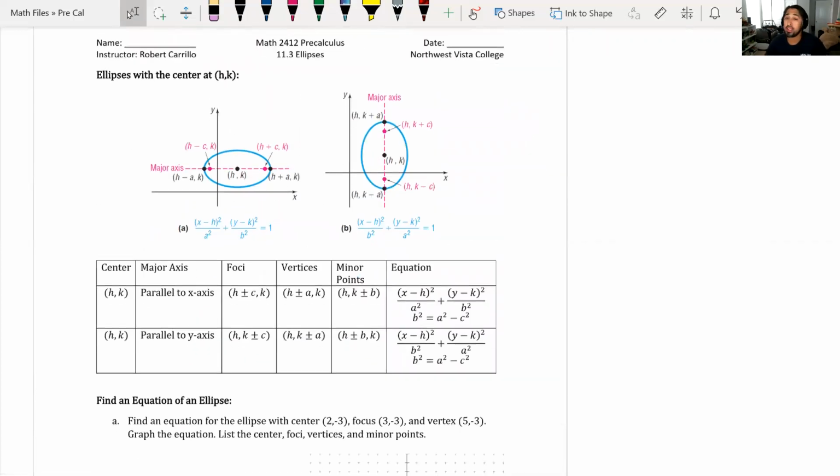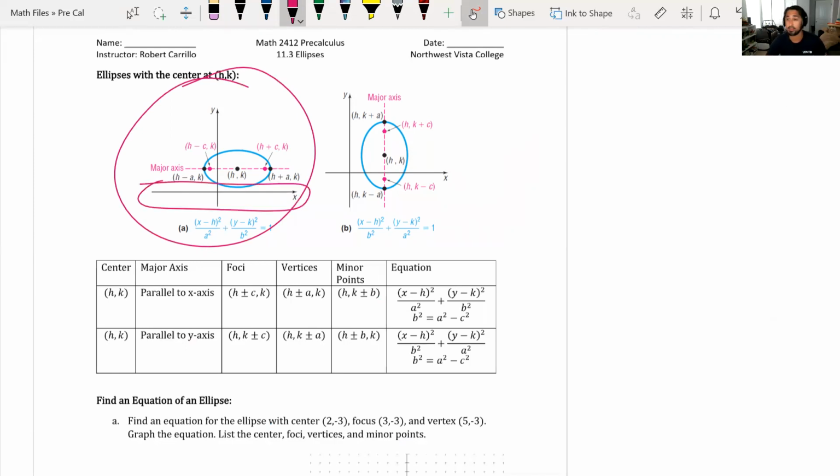And now we get into ellipses with the center being anywhere. So the center could be any point h, k. So the main thing to look for here is what the major axis is parallel to, right? So the first graph shows an ellipse with a center at h, k, but is parallel to the x-axis.